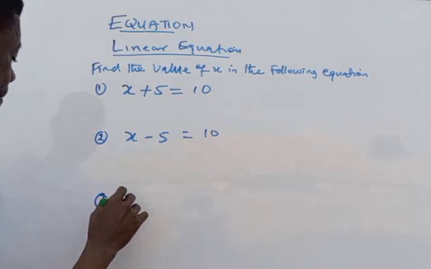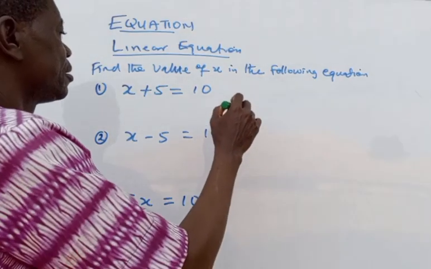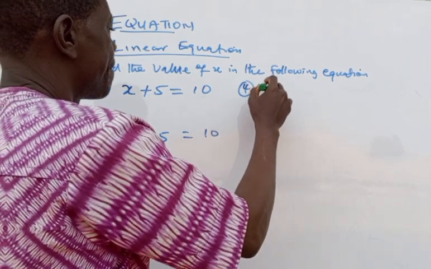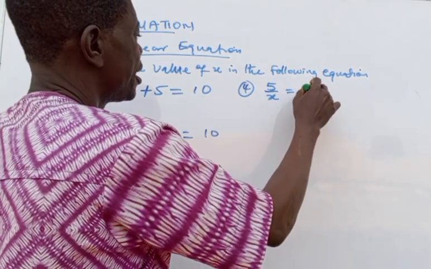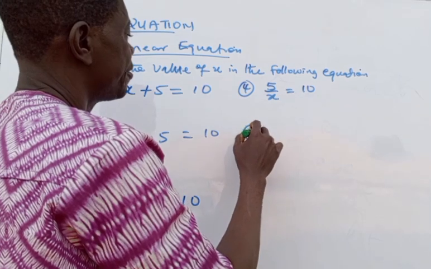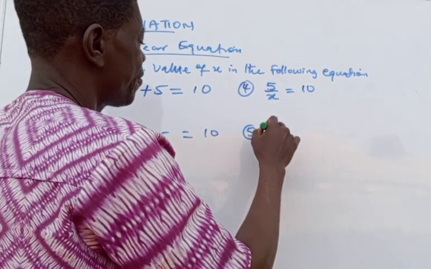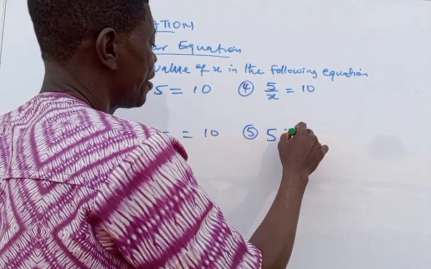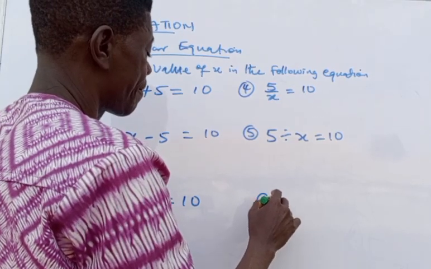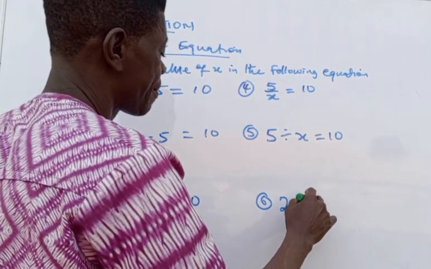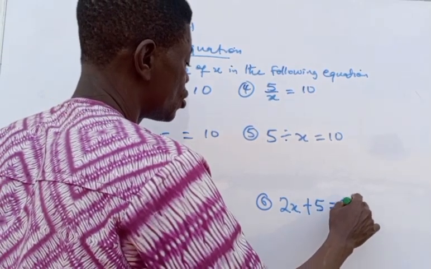Number three, 5x is equal to 10. Number four, 5 over x is equal to 10. Number five, 5 divided by x is equal to 10. And number six, 2x plus 5 is equal to 25.